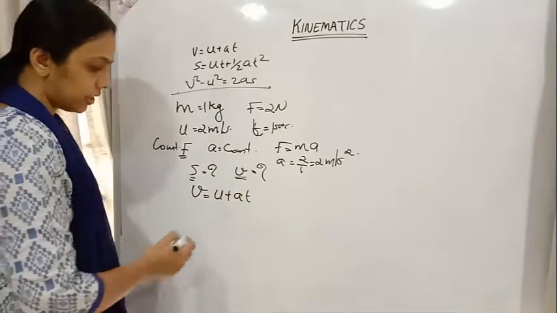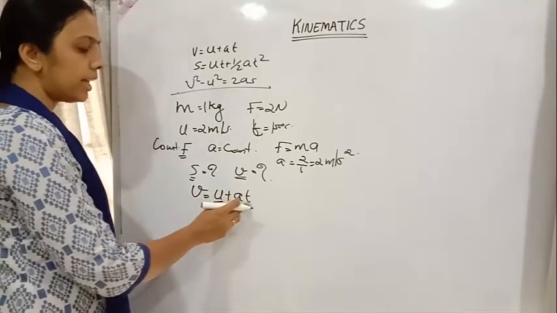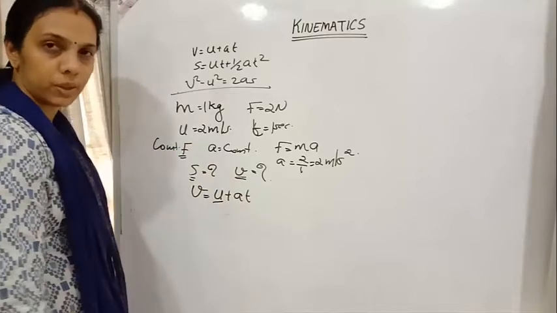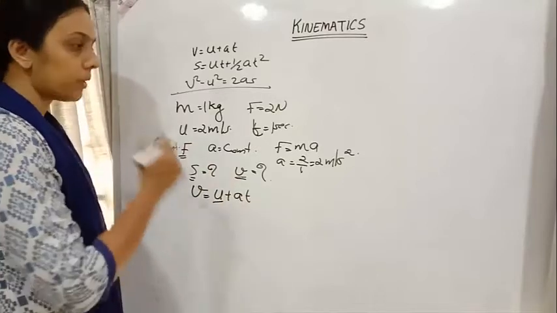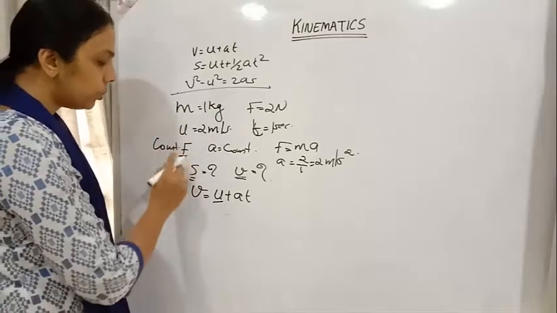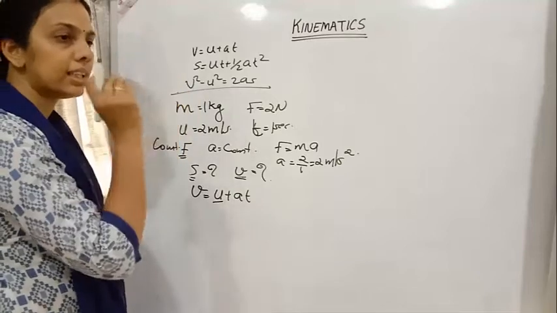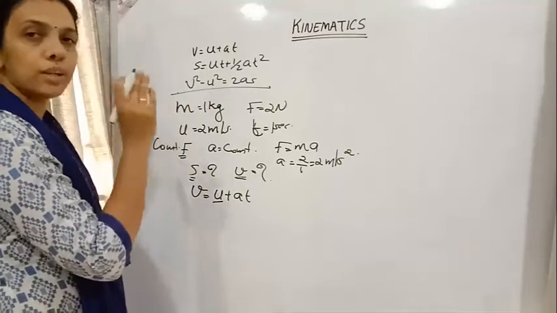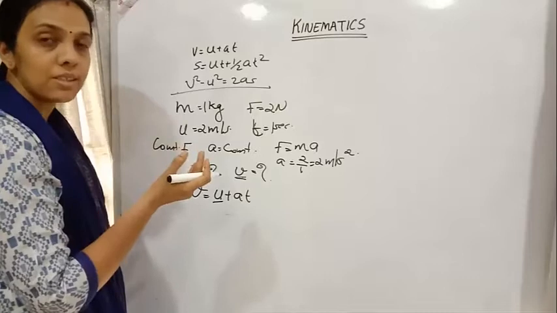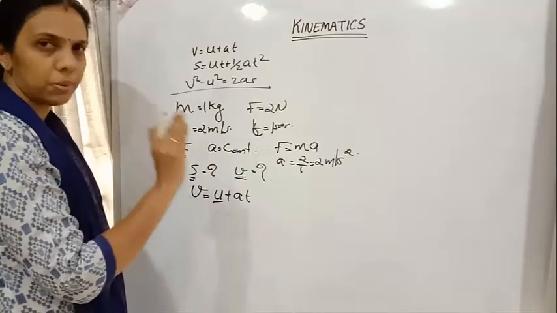In this equation, u has the same dimension as velocity, and at also has the dimension of velocity. How can I find the final velocity here? The force is acting in a direction perpendicular to the velocity, which means the acceleration will be acting perpendicular.